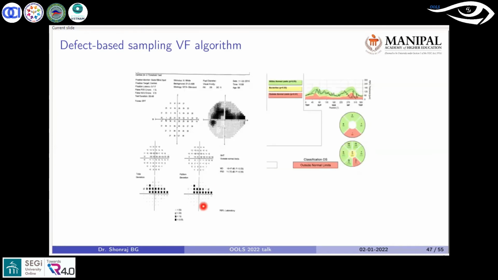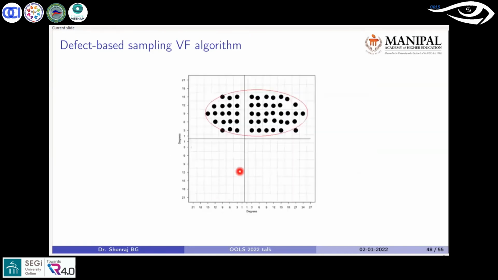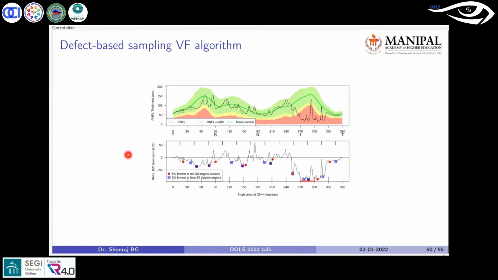So instead of testing all the points here, which is a waste of time, I can rearrange these points. I can take some of these points and put them inside the scotoma region so that I can accurately estimate the scotoma. Again, we use a complicated decision modeling, and we model it based upon your peripapillary RNFL thickness.